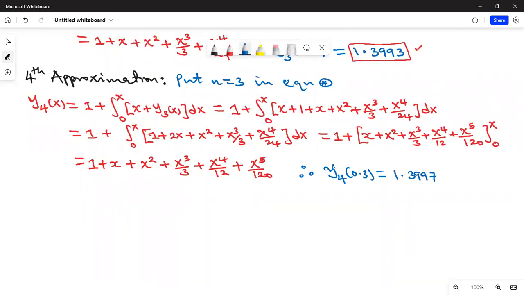Have we achieved a convergence? No, we haven't got to a constant value. So let's try the fifth approximation.